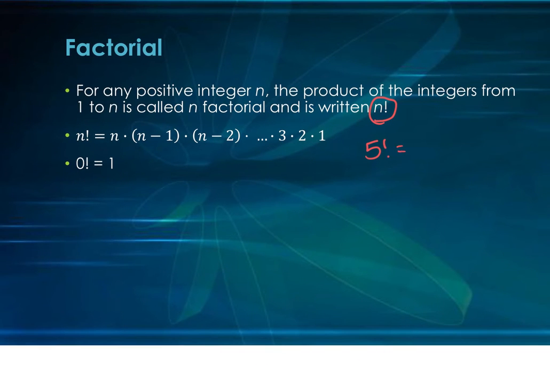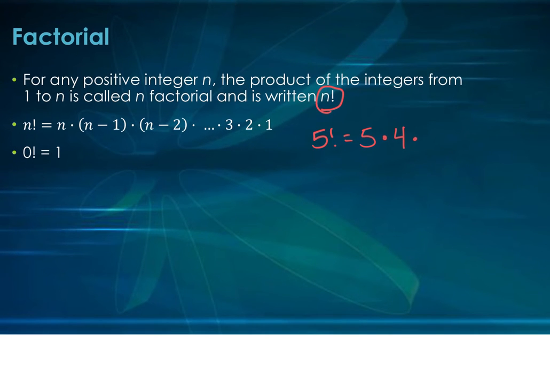We would start with 5, multiply it by 5 minus 1. What's 5 minus 1? 4. Then we would multiply it by 5 minus 2, which is 3. Then by 5 minus 3, which is 2. And then by 1. You stop when you get to 1.